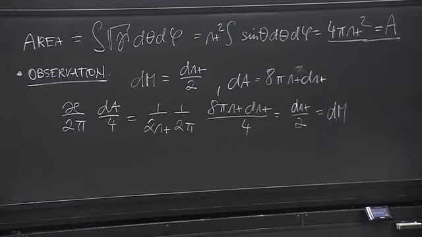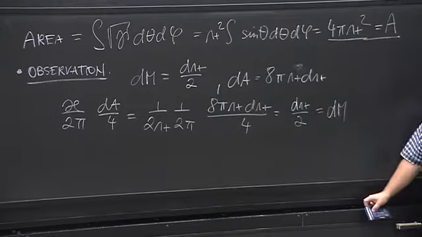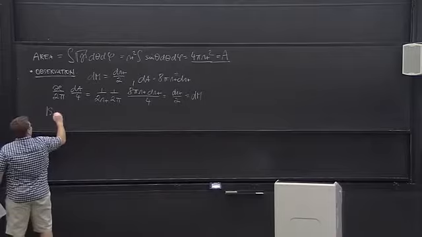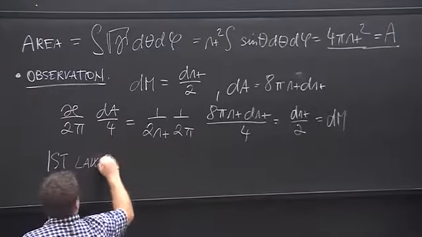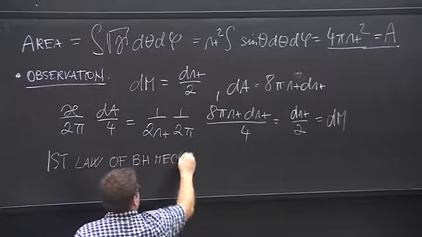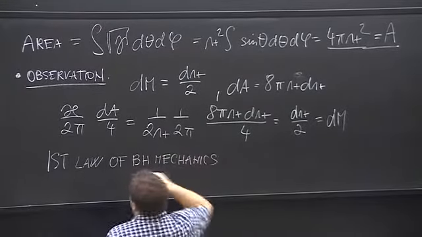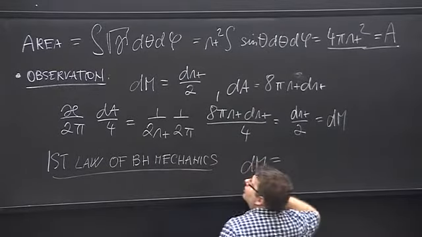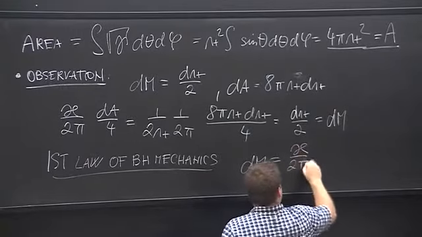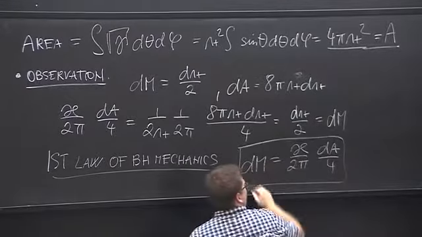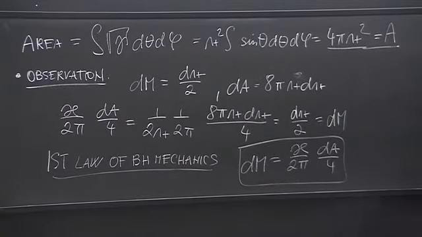So what you just derived is the so-called first law of black hole mechanics. That's telling you that dM equals κ over 2π times dA over 4. That's valid for Schwarzschild, but you can do it more generally, as we will see in a minute.